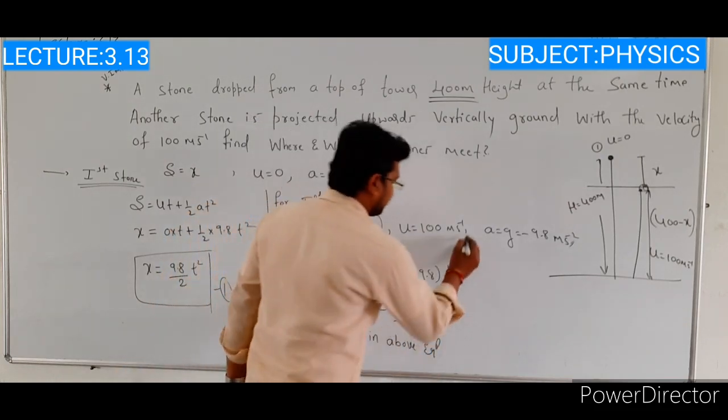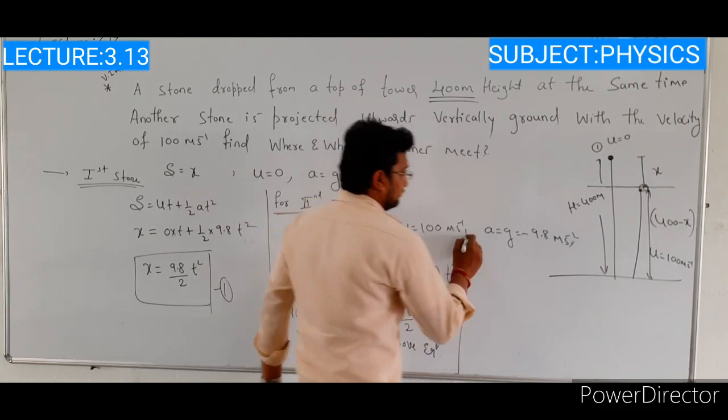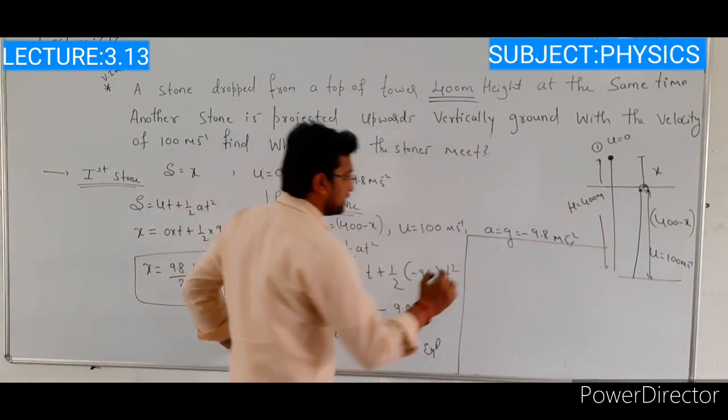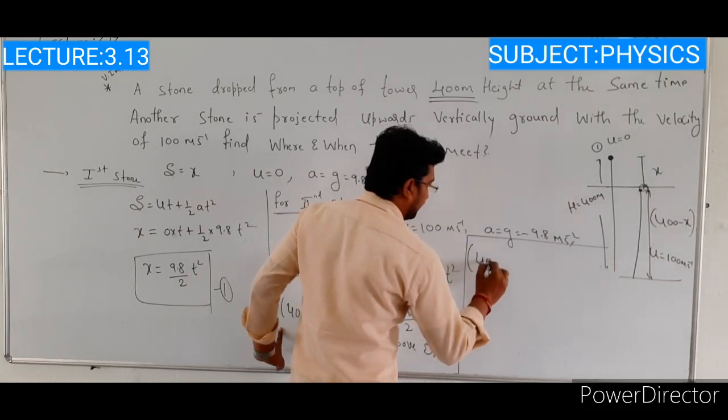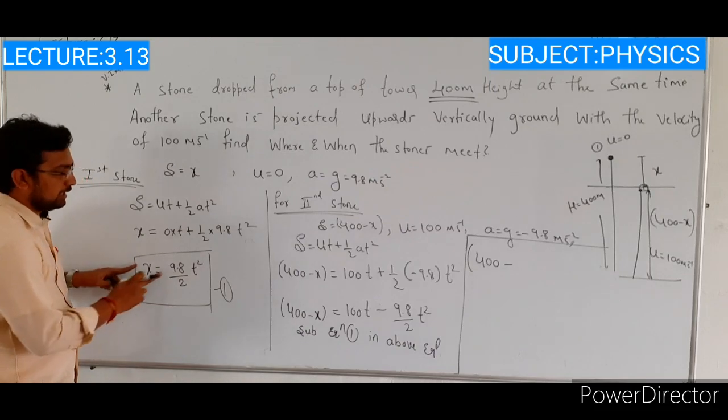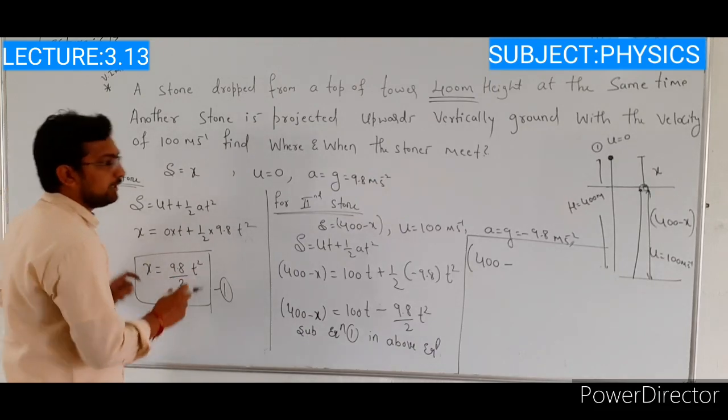Okay, see here. What is the value here? This is 400 minus the x value. Here the x value is 9.8 divided by 2 into t square.